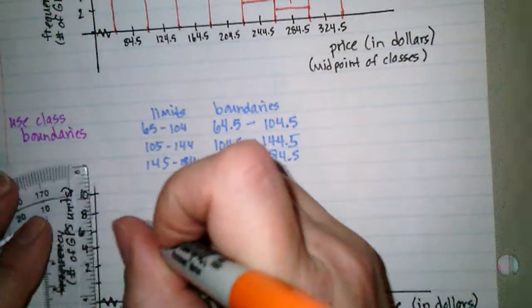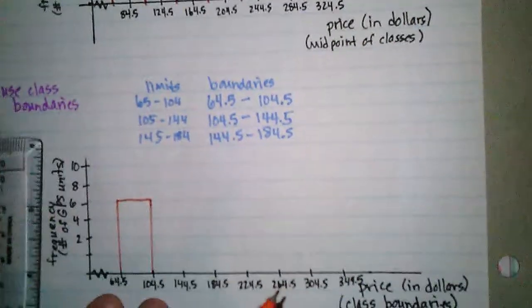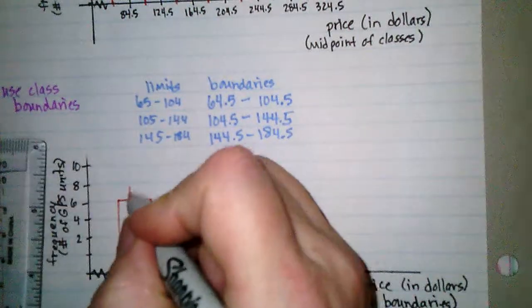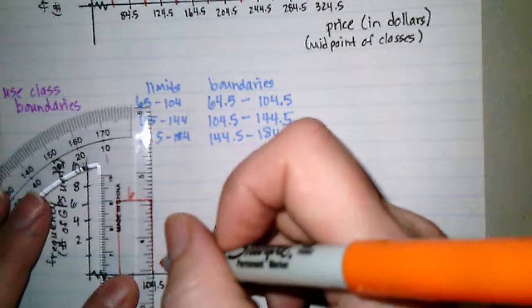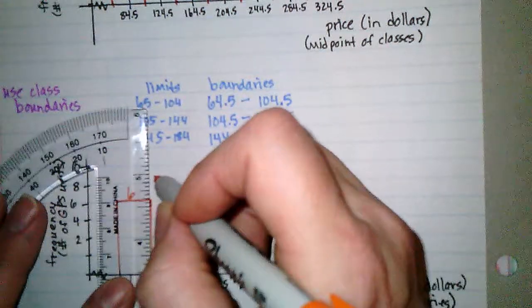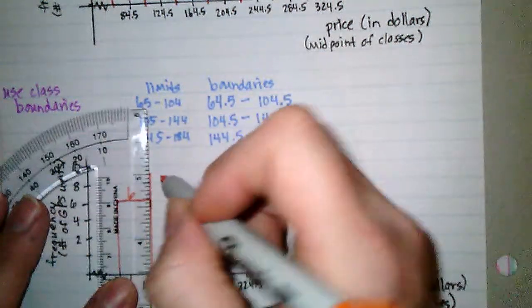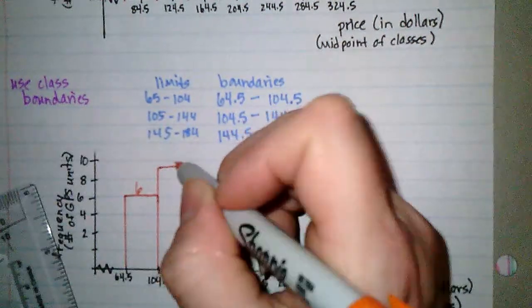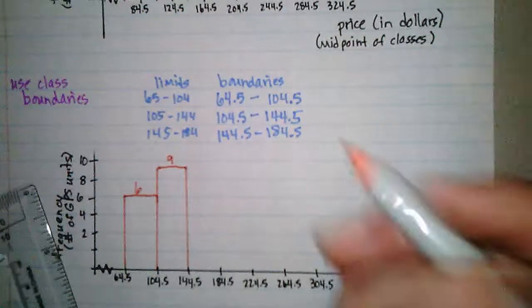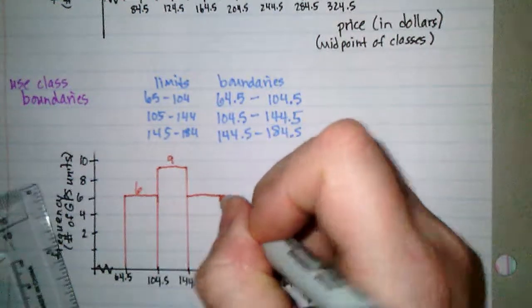So that bar is going to be touching the two boundaries. And I can label that with a 6 again. And then I start from this edge again and go up to 9 on my next one. And then my next one was 6 again.